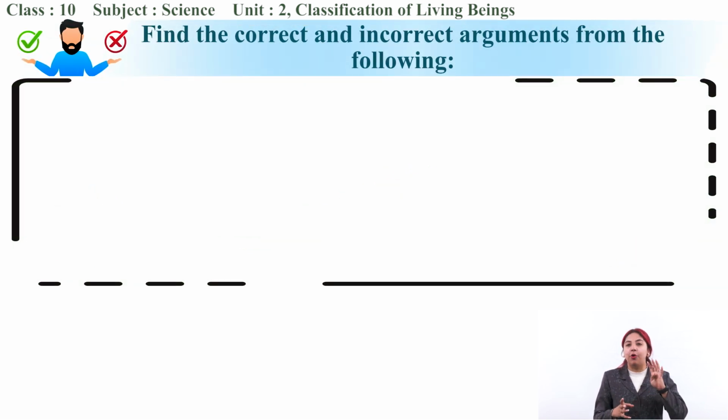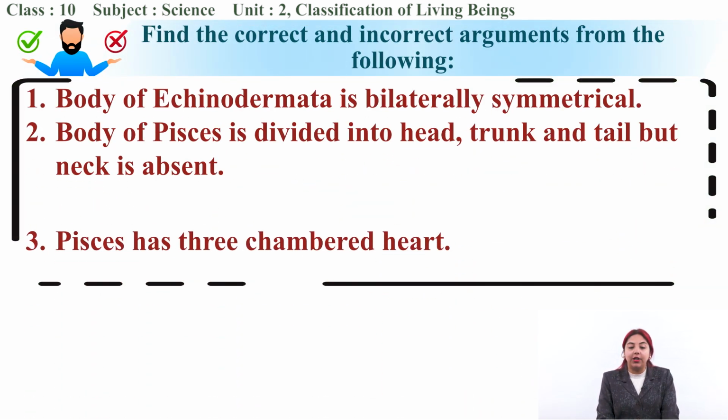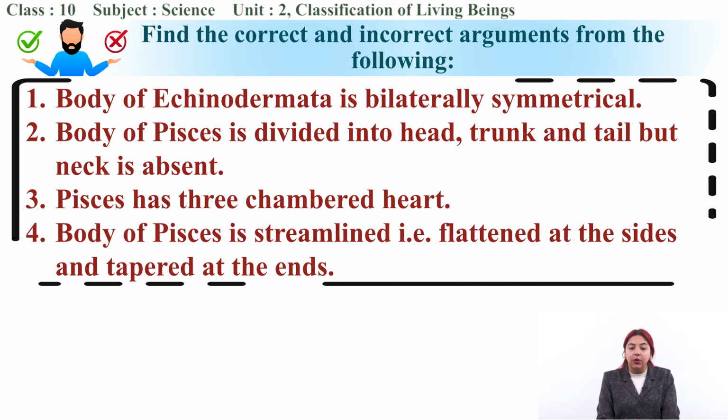Now I have 4 arguments for you guys, and among these 4 arguments you have to see which one is correct and which one is incorrect. Now the first argument is, body of Echinodermata is bilaterally symmetrical. Is this correct? No, it's incorrect. Why?